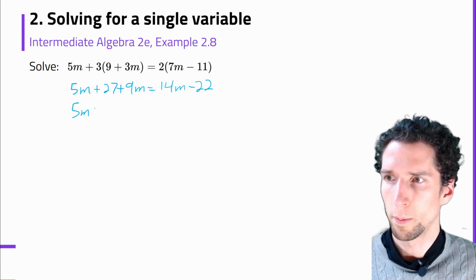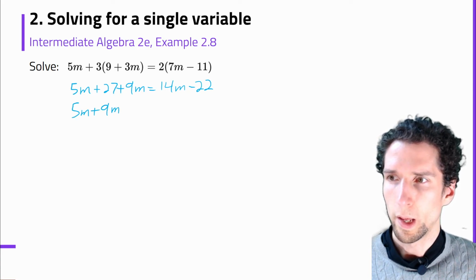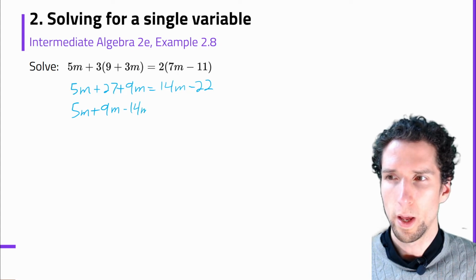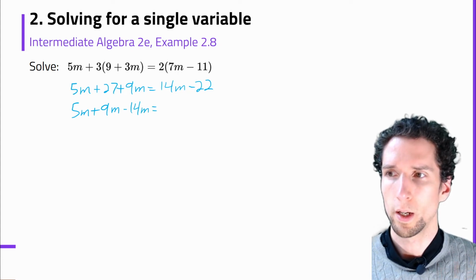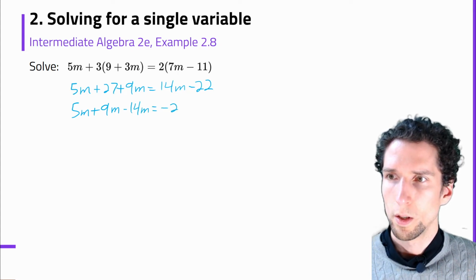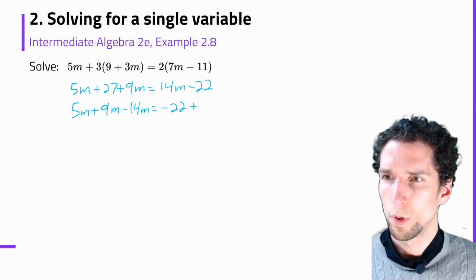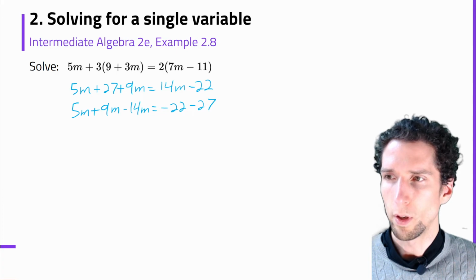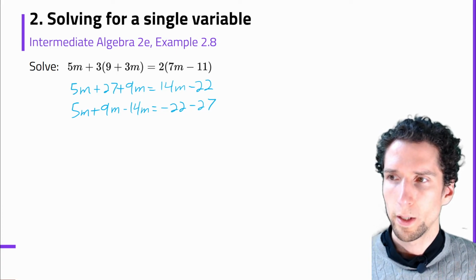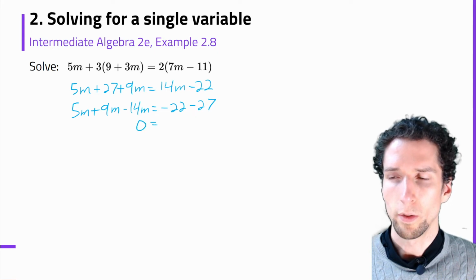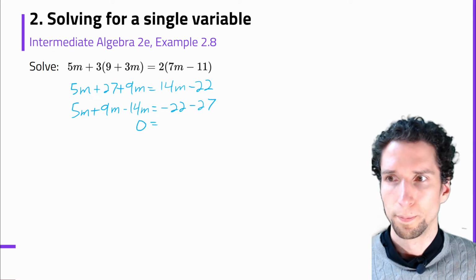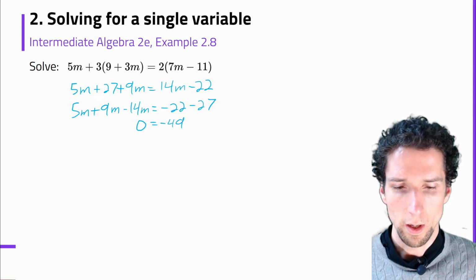So 5m plus 9m minus 14m, and on the right side we have negative 22 and not plus, minus 27. So the left side, 14m minus 14m, that's just 0, and on the right side, well, not 0, we have a negative 49 here.